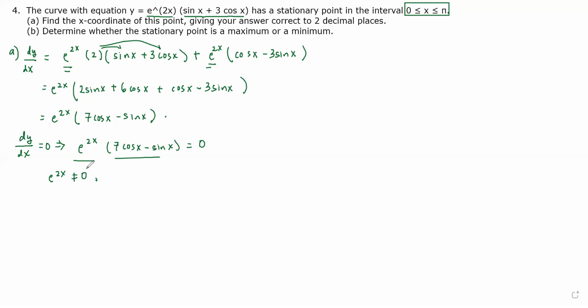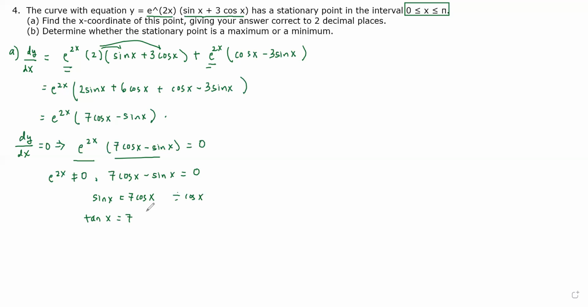It's an exponential function. We are left with 7 cos x minus sine x equals 0. We can rewrite this as sine x equals 7 cos x. Then, dividing throughout by cos x, we have tan x equals 7. And we can solve this for x.